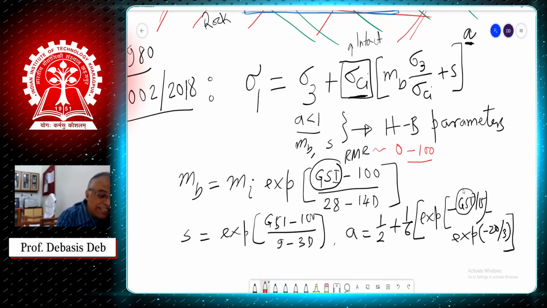But GSI has just a chart, you can see in the book. It's just the next version of this. It was given in 1997 or 1998. It's a very recent development. So this is the formula.